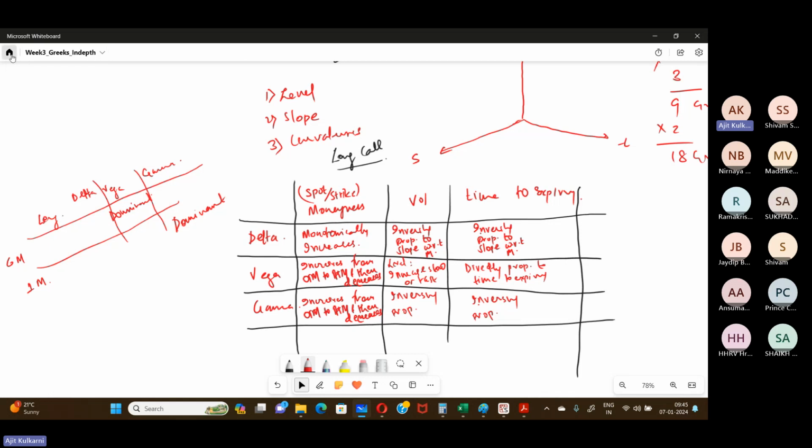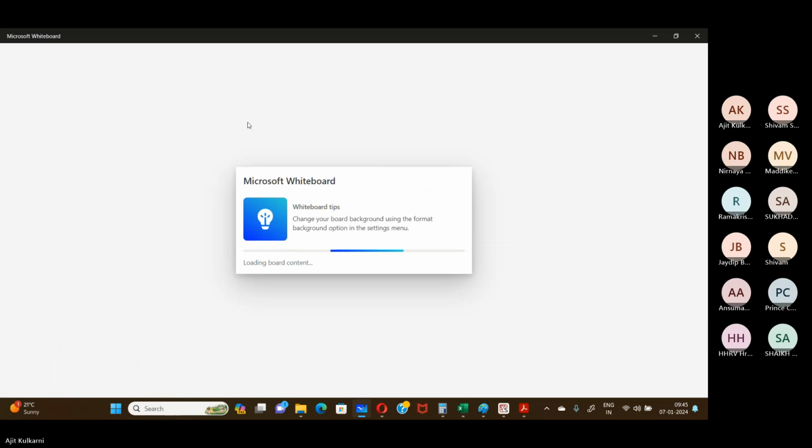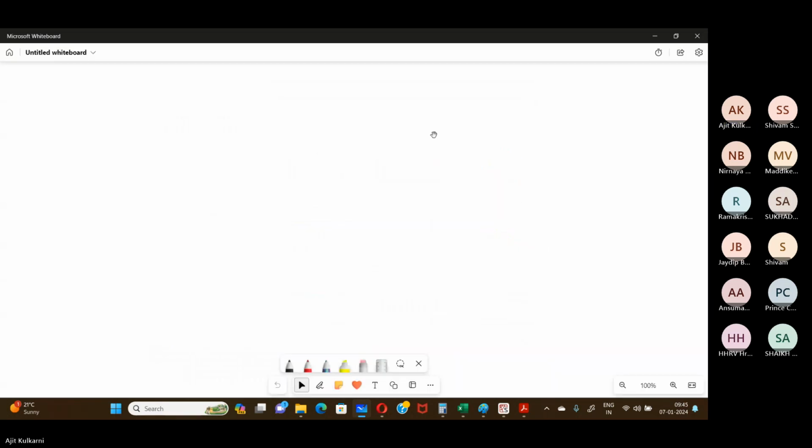Now let us get back to a little bit of math. So today we'll see the derivation of the Black-Scholes PDE. Let us see what all basics we require for that.